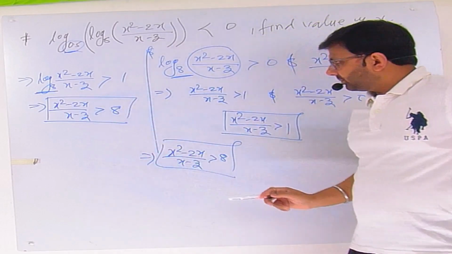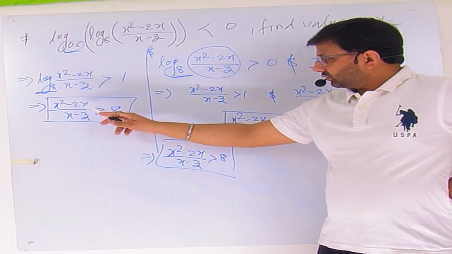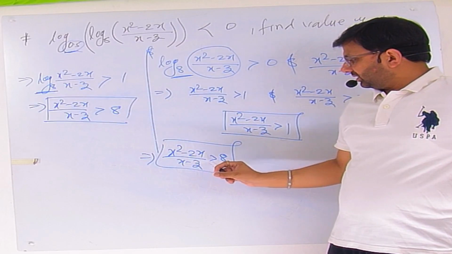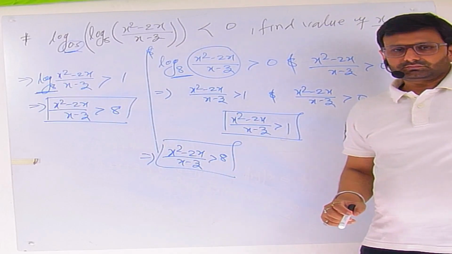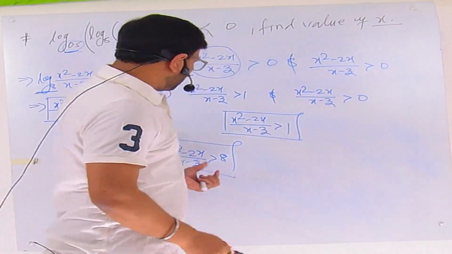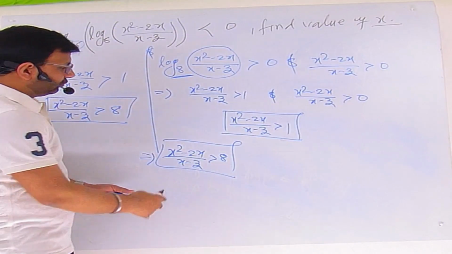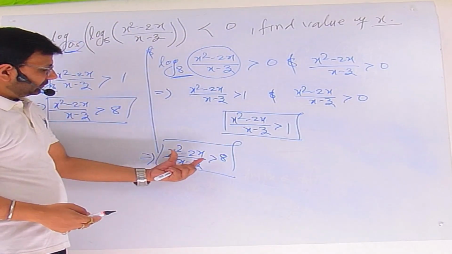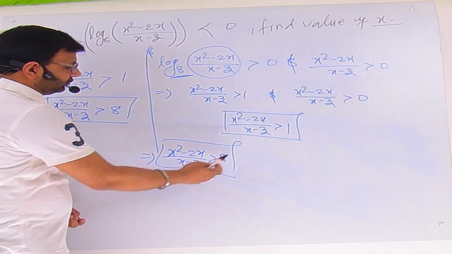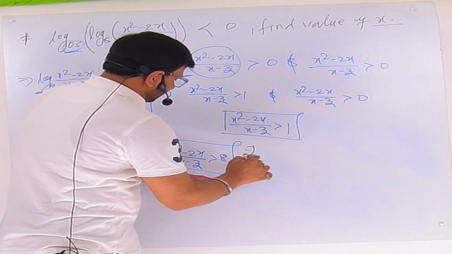Now take common. So what is common? x square minus 2x divided by x minus 3 is greater than 8. This is common here. So now solve here, you will get the answer. No need to take common, only solve this expression. So now take 8 this side.